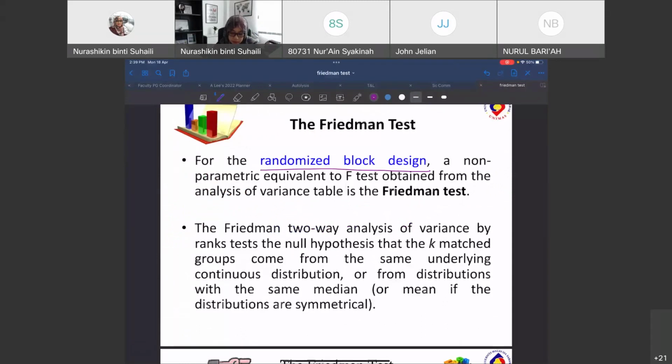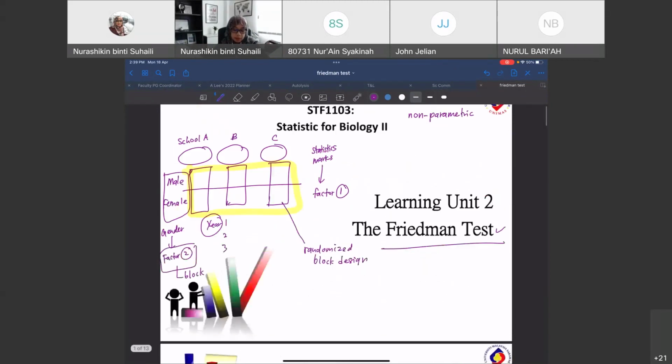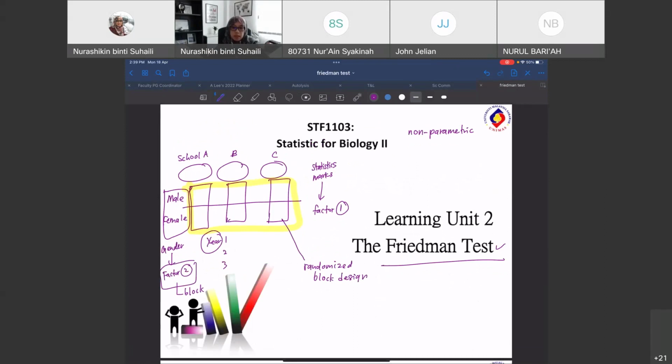The Friedman two-way analysis of variance by ranks tests the null. So we are still comparing the three samples, but when we have the block, it means that we would have a more specific comparison. For example, if we want to compare just male students across the three schools, our data will be specific, isn't it?